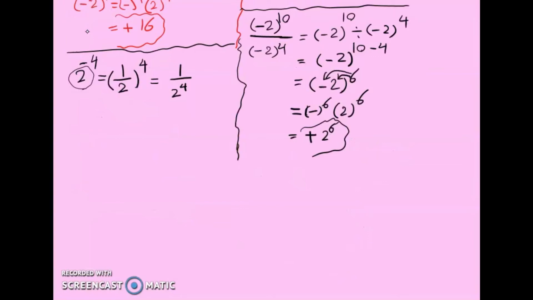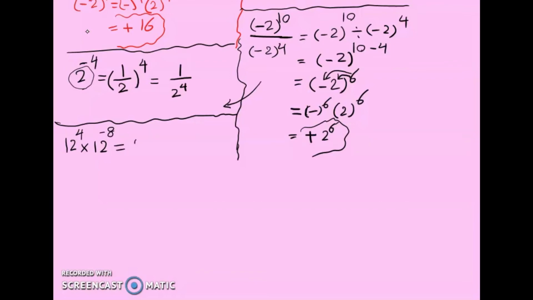The other form that we have, I'm going to provide you with as the next example. Let's say a question asks you to evaluate 12 to the 4 times 12 to the negative 8. Again, because this is multiplication, we have a rule for multiplication.